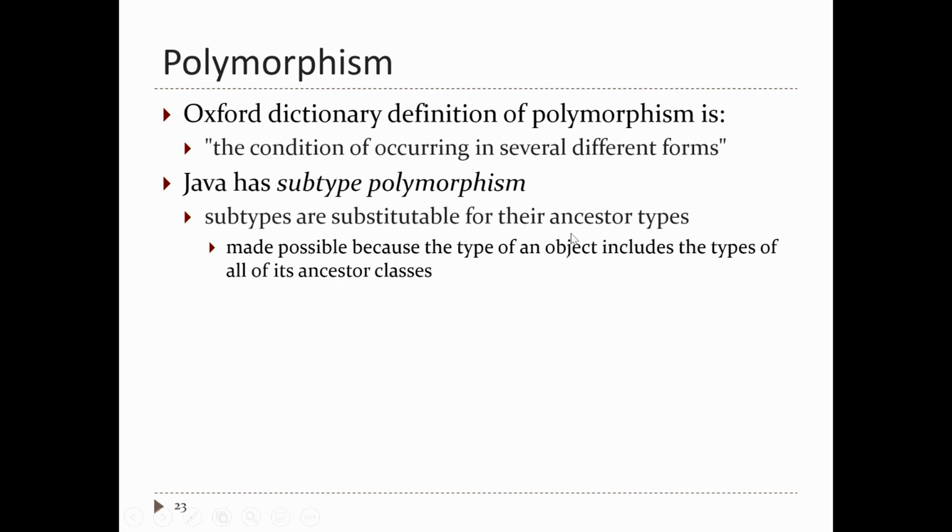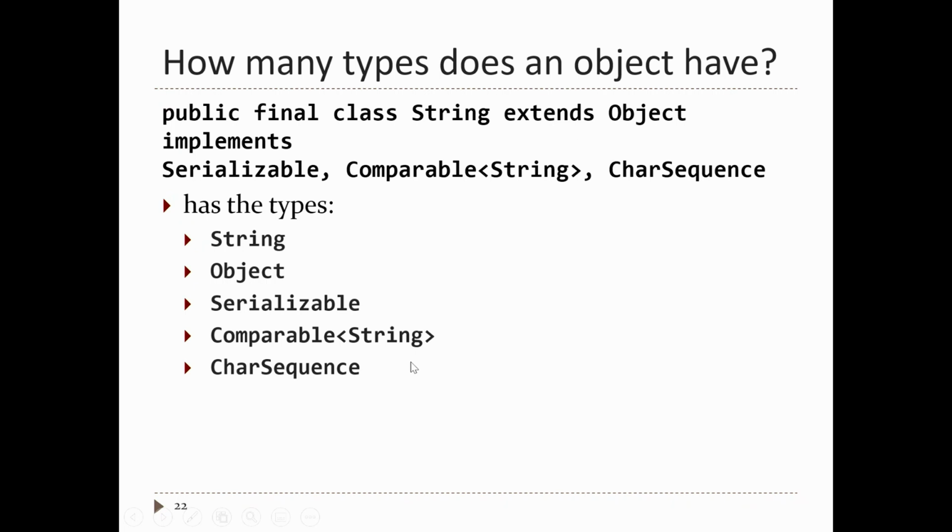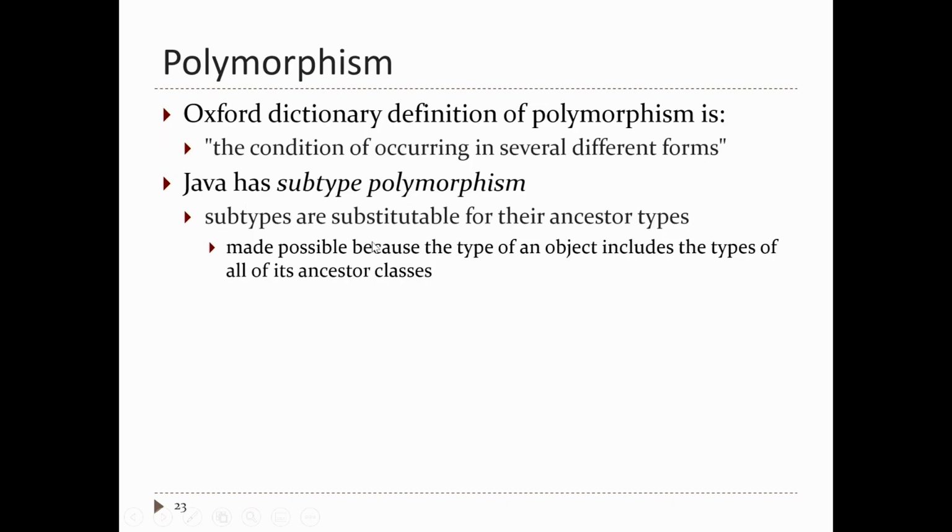So a Counter is substitutable for Object, StoppingCounter is substitutable for Counter. It's also substitutable for Object. How does this work in Java? Well, I just told you that all objects have more than one type. So polymorphism is made possible in Java because an object has more than one type. An object includes all of the types of its ancestor classes.